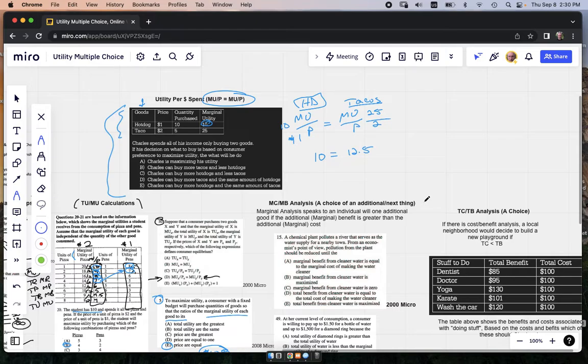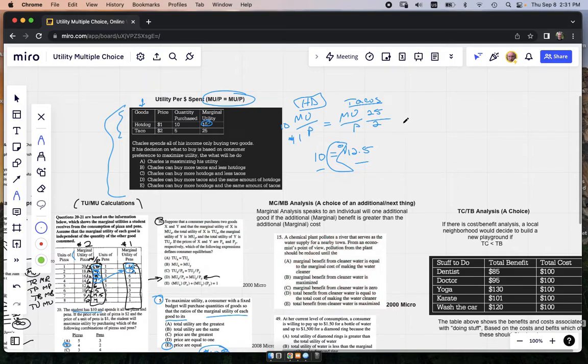Obviously, what we want to do is consume more of the one that gives us the biggest bang for our bucks, right? So we're going to use our formulas, marginal utility over price, per dollar spent. It tells me for every dollar spent, hot dogs only give me 10 units of satisfaction. For tacos, I get 12.5. I want to consume more tacos.